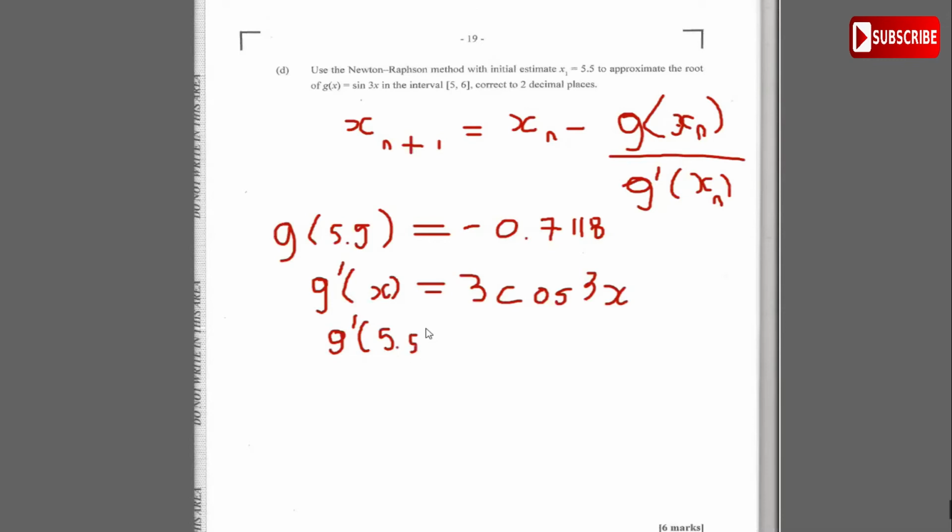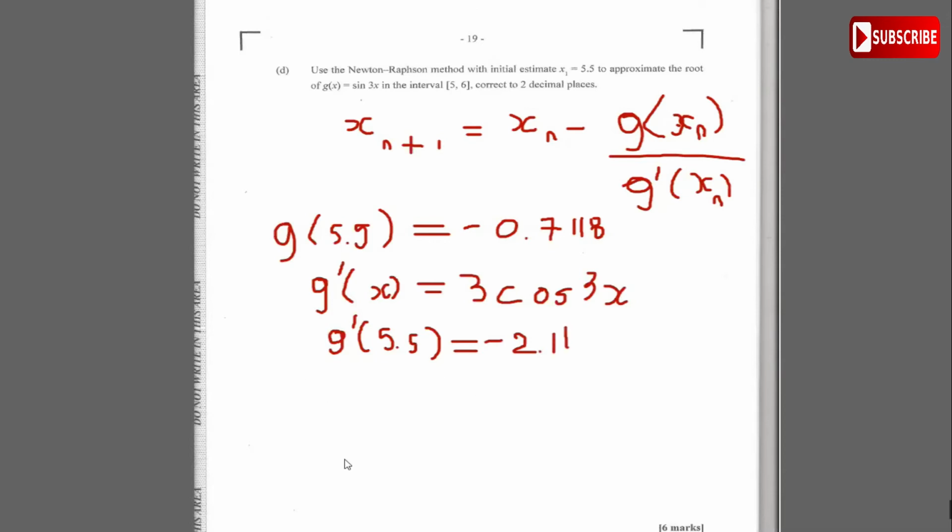So you plug this in your calculator, 3 times the cosine of 3x. Let's work that out. The cosine of 16.5 times 3 is minus 2.11.